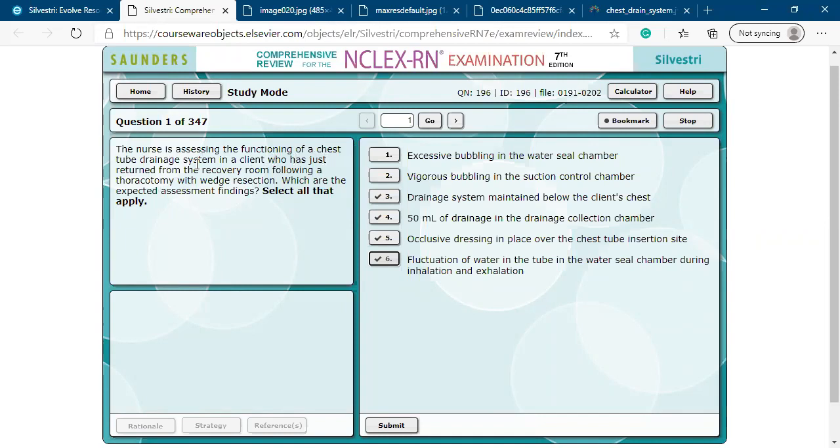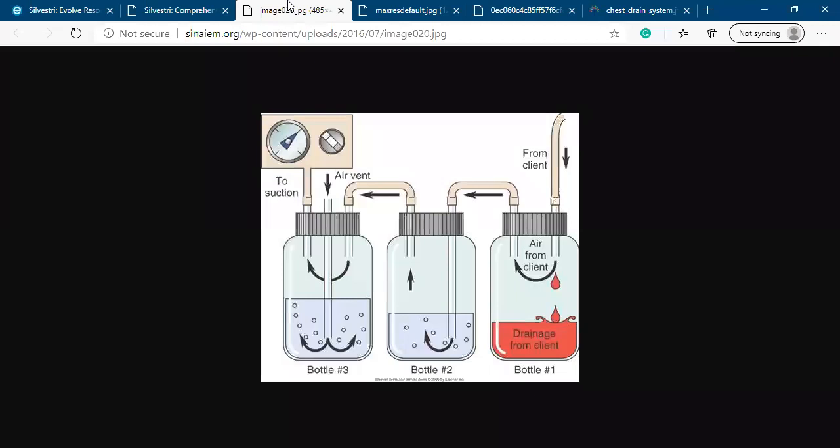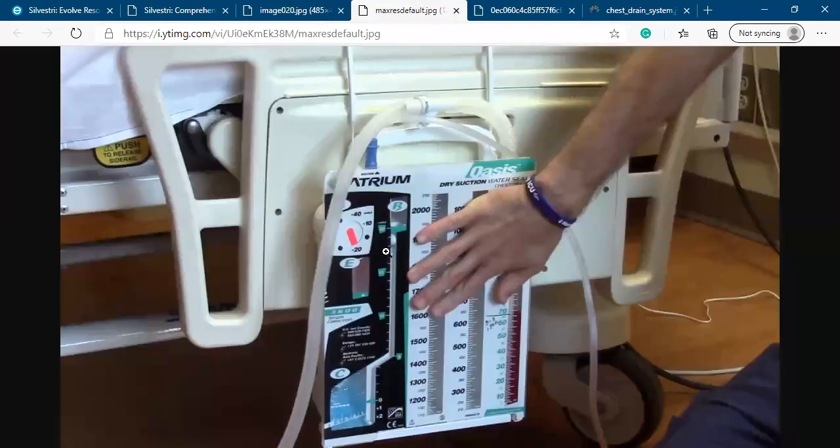Because of any thoracic surgery, like a tumor in the lungs, or pleural effusion, massive pleural effusion, or hemothorax, right? Those times we have to remove, and we use the chest tube like this.